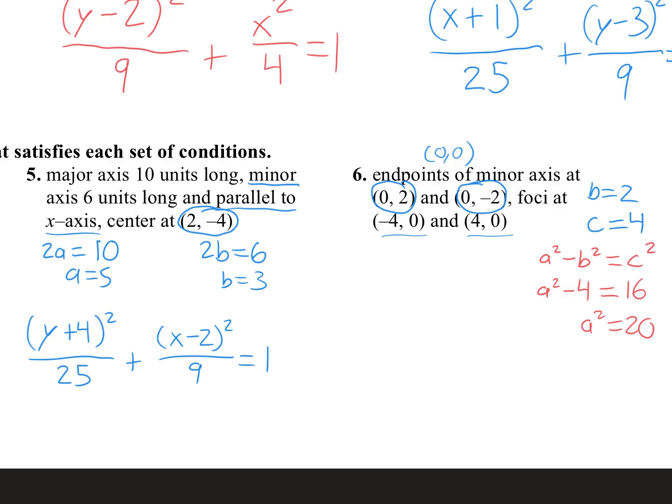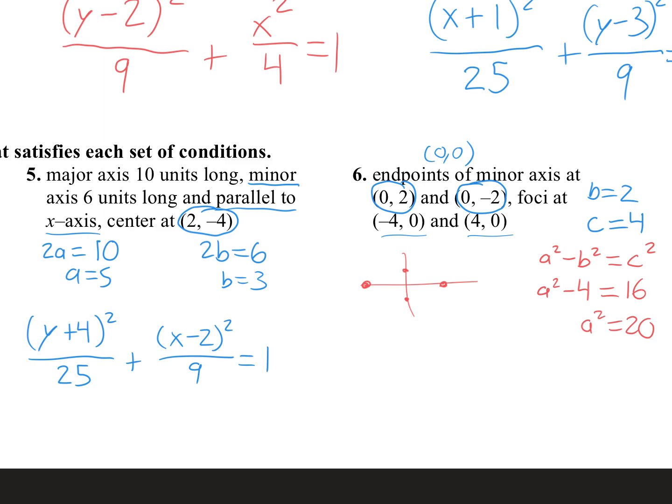First we should figure out, is it horizontal or vertical? If I make a rough sketch, the minor axis points are here and here. The foci are over here and over here.